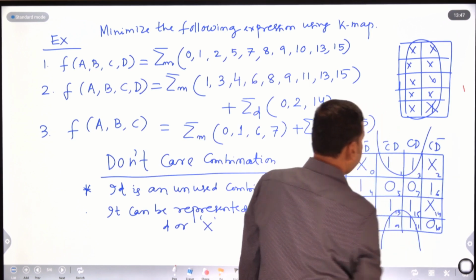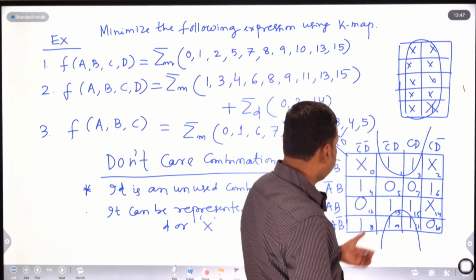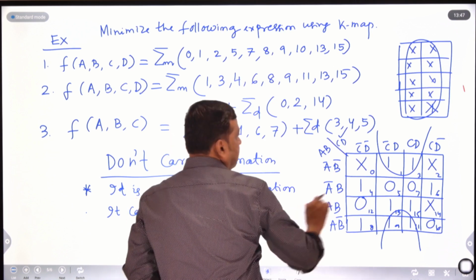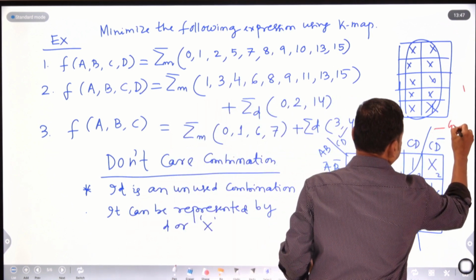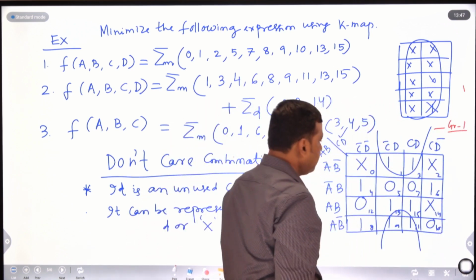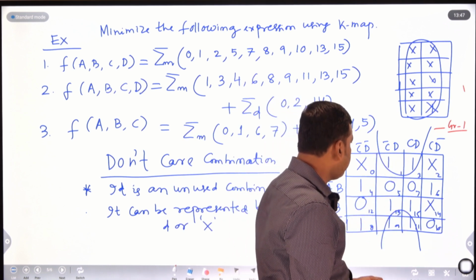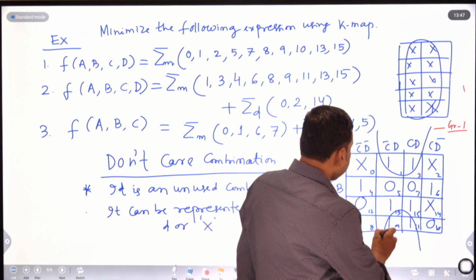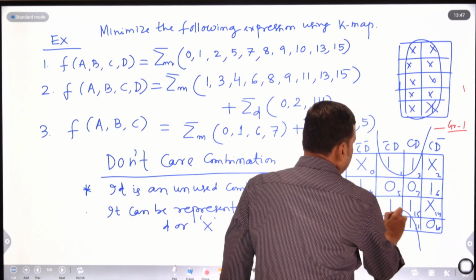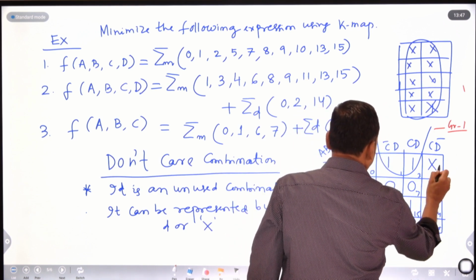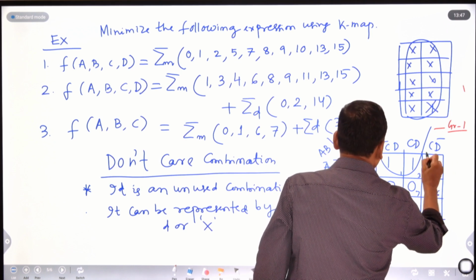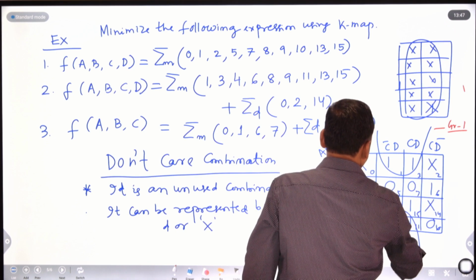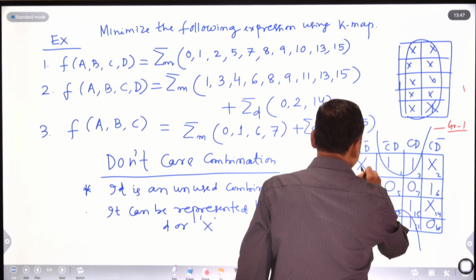I can form a group like this, because this one is nothing but group 1. This 1 can be combined with this one, and also you can form this don't care and this don't care.